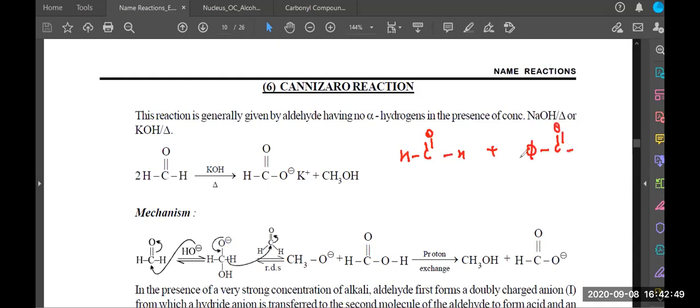Now tell me, which will be acid and which will be alcohol? Everyone, think about this.